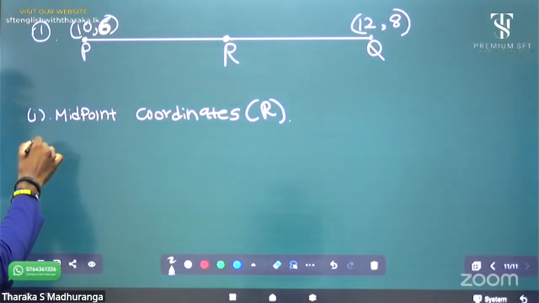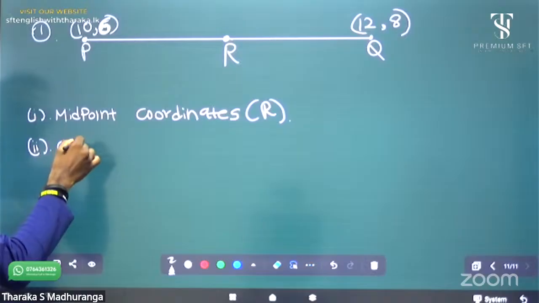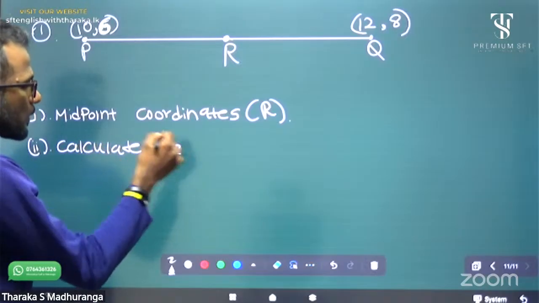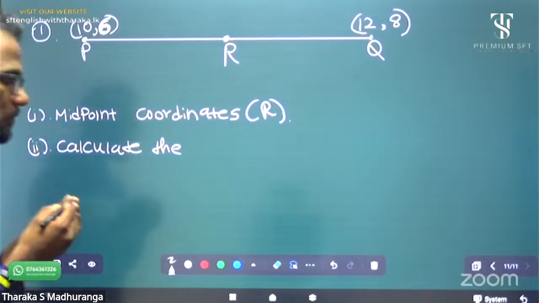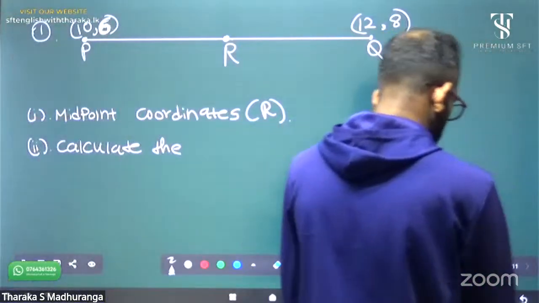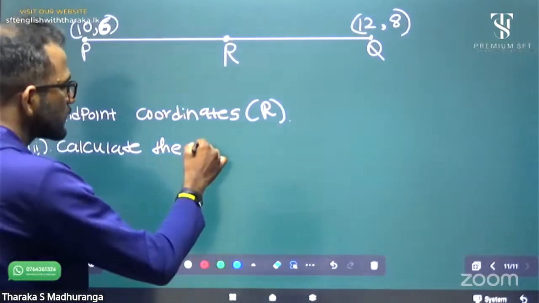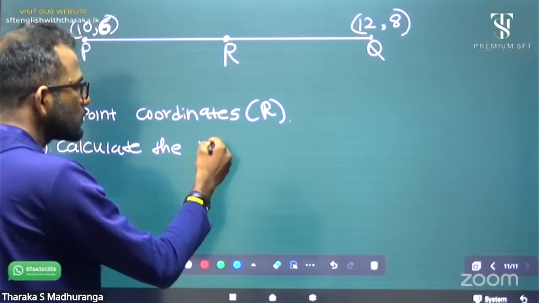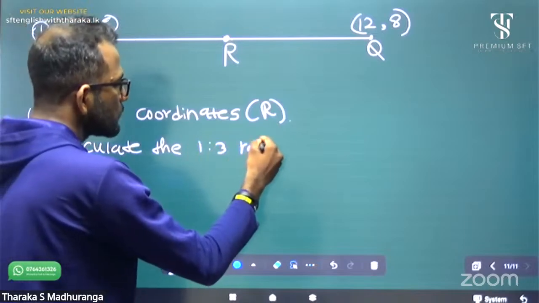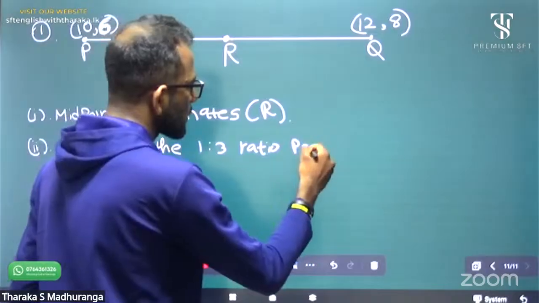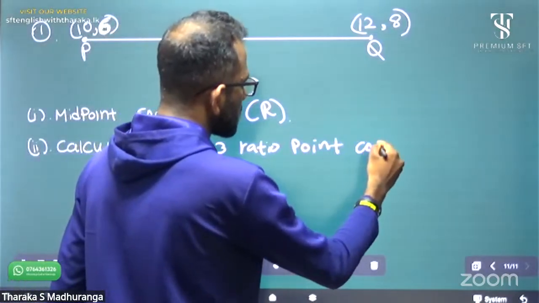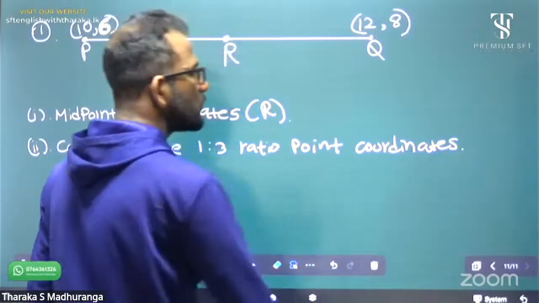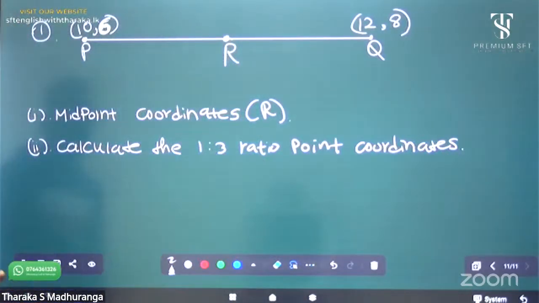Second question: calculate the 1 to 3 ratio point coordinates.